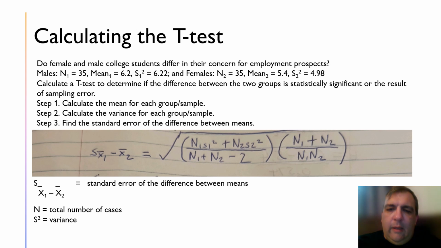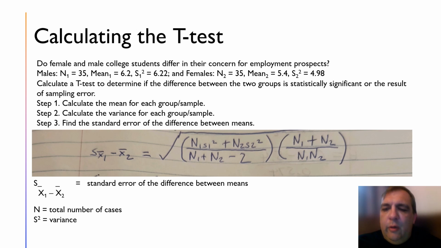Now this formula has a lot of letters in it, but it's actually really not that difficult. It just looks a little crazy. Really, all we're solving for is a few things. We're solving for our S subscript mean of group 1 minus mean of group 2, which is known as the standard error of the difference between means.